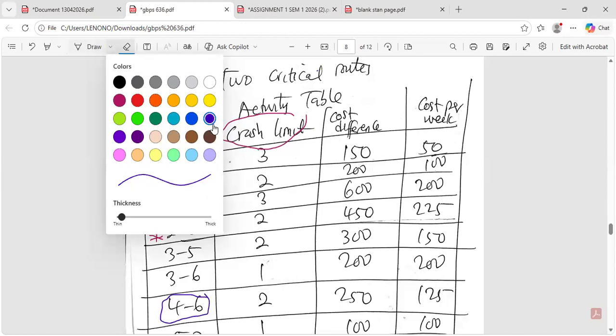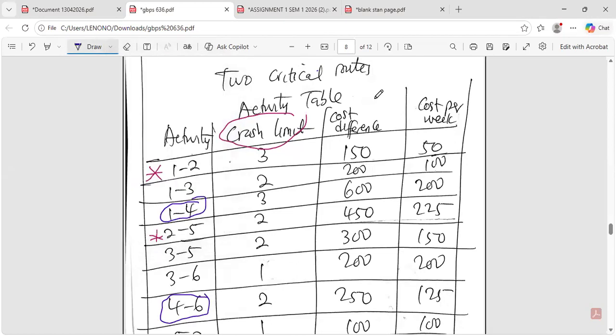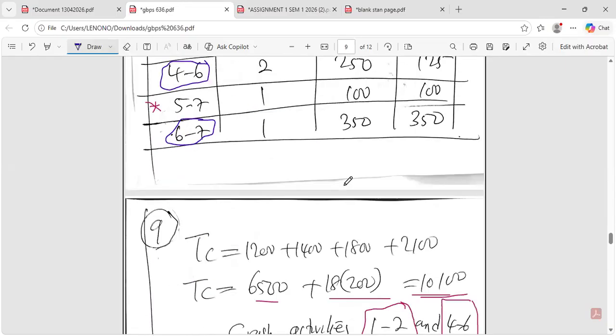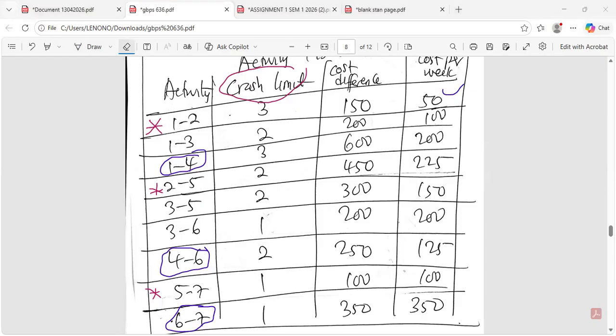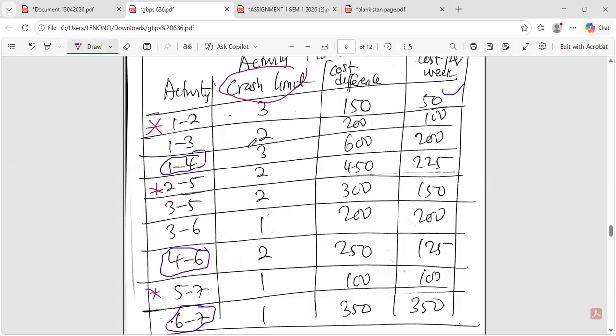So the one that has the least cost per day for these two is going to be crashed simultaneously.